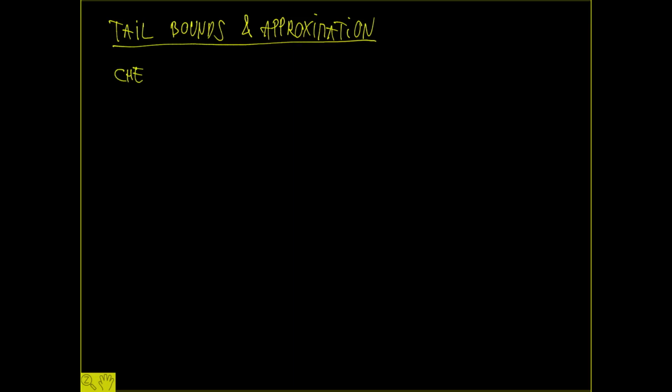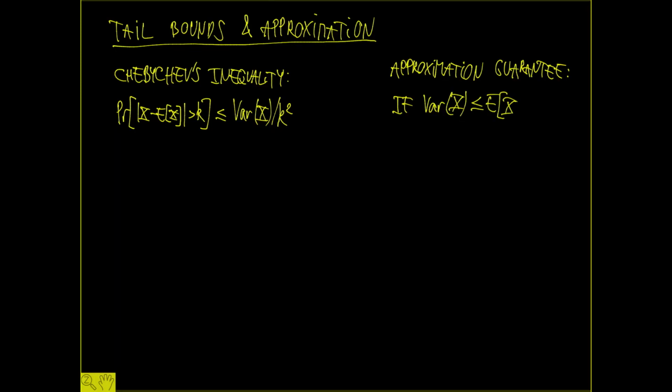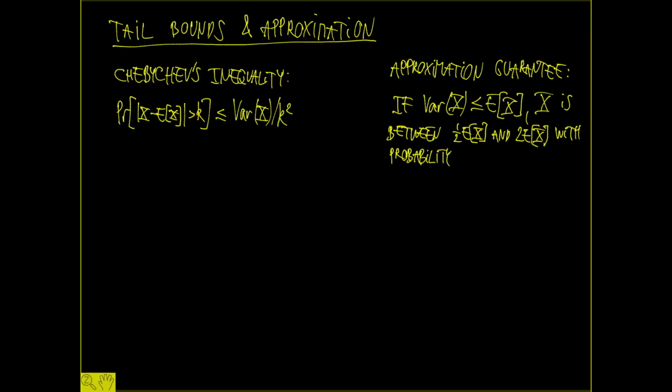Let's relate the tail bounds to approximation and also make things a little bit more precise. Chebyshev's inequality says that the probability that x deviates from its expectation by more than k can be bounded by the variance divided by k squared. In terms of approximation guarantee, if we assume that the variance is relatively small, which is often the case, that it can be bounded, for example, by the expectation, then the probability that x is reasonably close, let's say between 1/2 of the expectation and 2 times the expectation, is good.